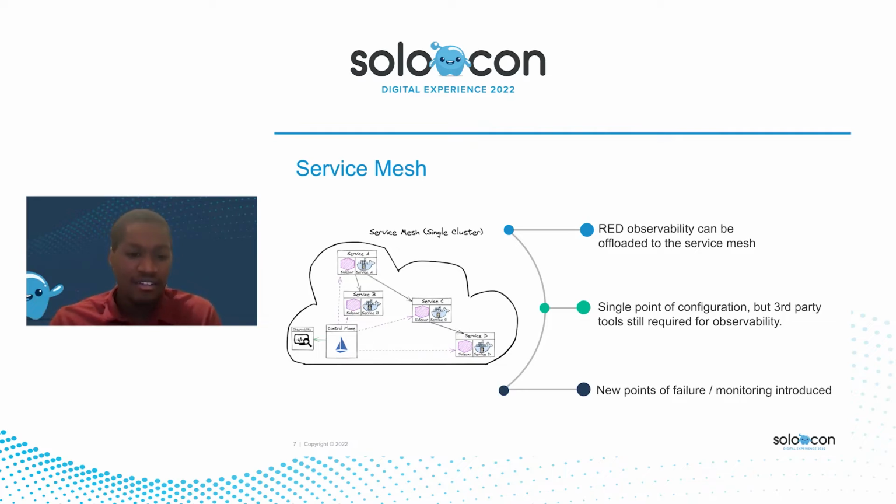In addition, Istio provides service-to-service communication with MTLS, and for each service, Istio provides an identity using the SPIFFE IDs. Another really good benefit here is that there's a single point of configuration for observability when using the service mesh.